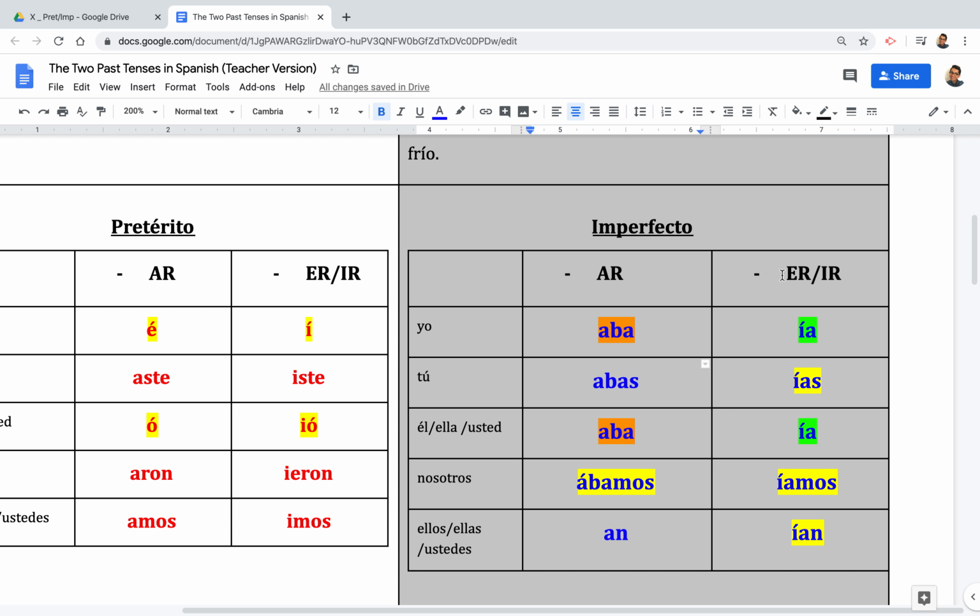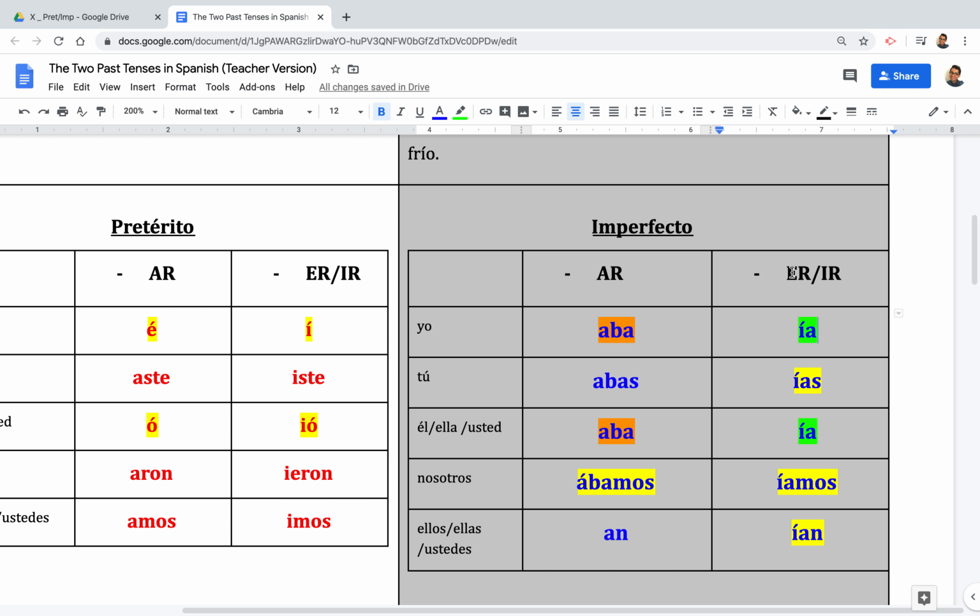Now, moving on to this second slide. If I have an ER verb like comer or an IR verb like vivir, and I need to change them to match the person who is doing the action in the descriptive past tense or imperfecto, fortunately, I am going to use the same endings regardless of whether it ends in ER or IR, as long as I match it with the correct person who is doing the action.